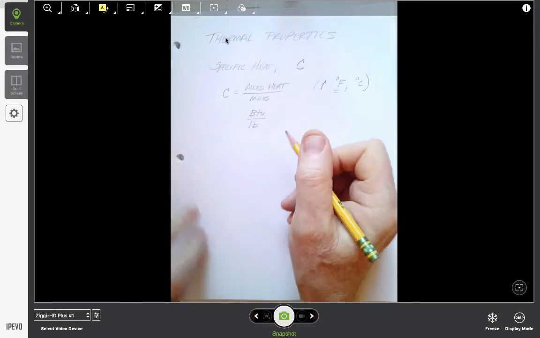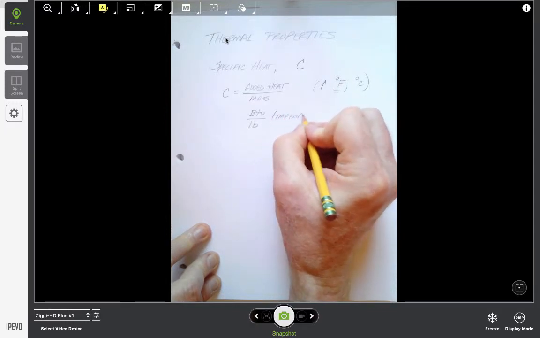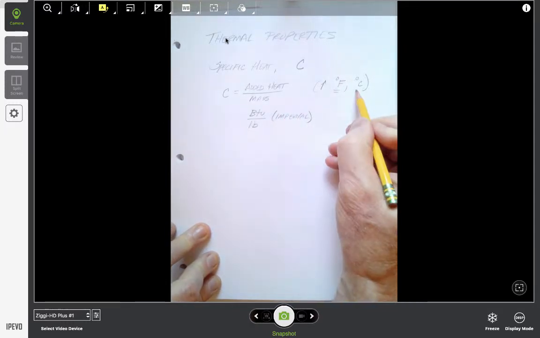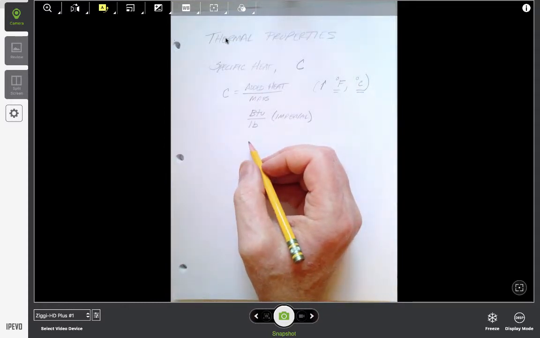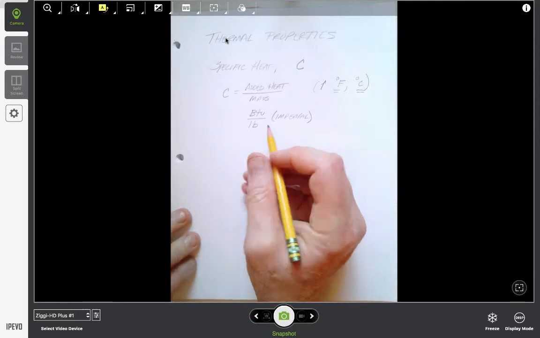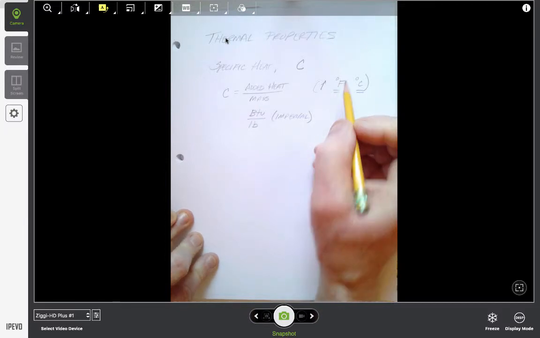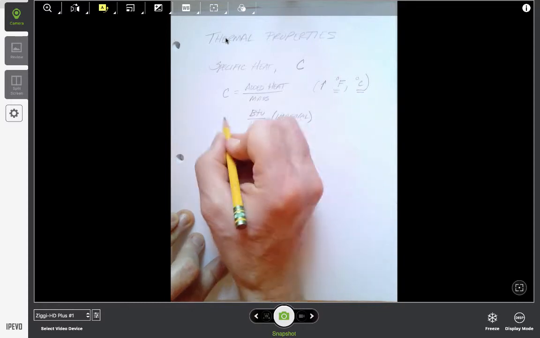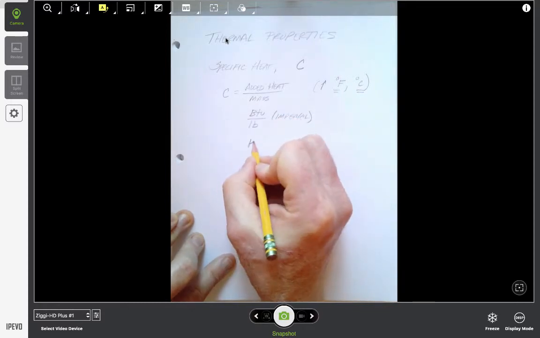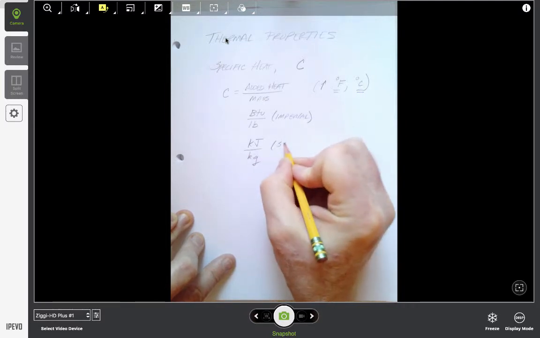There are other units, but that would be imperial. If we're in the SI system, the change in temperature would be in degrees Celsius or Kelvin. The equivalent imperial is degrees Rankine, those are the absolute temperature scales. So BTUs per pound per degree Rankine for imperial, and kilojoules per kilogram per kelvin is pretty typical for SI.